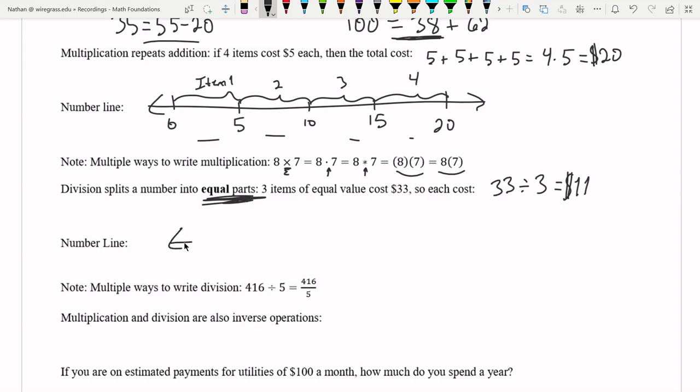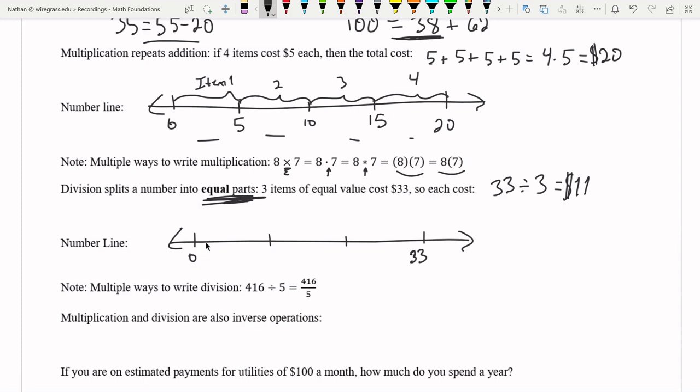So on the number line, right, if we have 0 here and 33 up here, if you wanted to split this into equal parts, so I'll just estimate where that's going to be here and here.